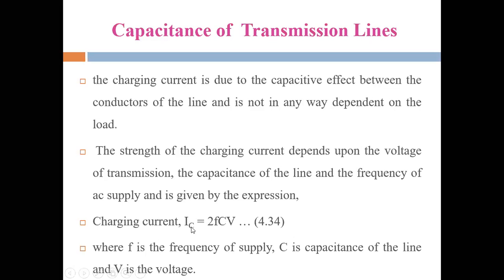The charging current depends on the supply frequency, the capacitance and the applied potential difference. It is due to the capacitive effect between the conductors of the line, and it does not depend on the load, only on the capacitance value.